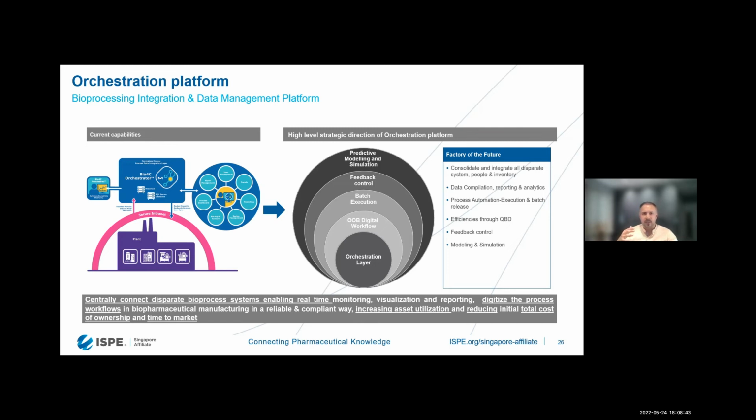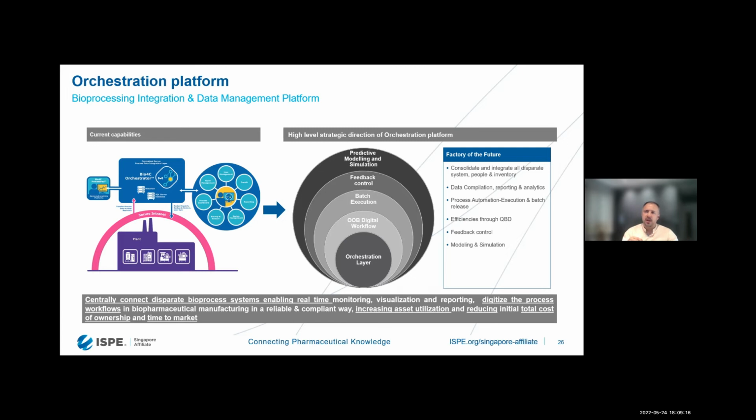And with that being the skeleton, or the feeding mechanism for the entire reporting structure and the analytics, think of process automation. Think from the bioprocessing side. Let's not think about any kind of automation, but bioprocess-specific automations, and how we can bring more efficiencies, feedback control, and modeling and simulation.